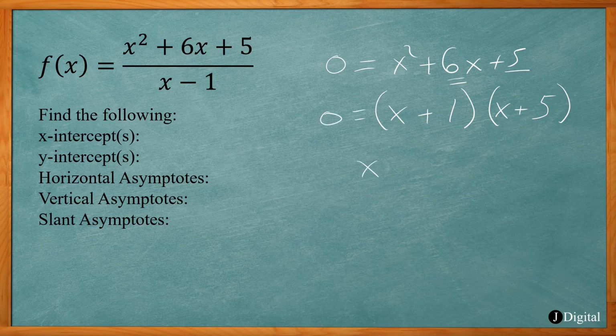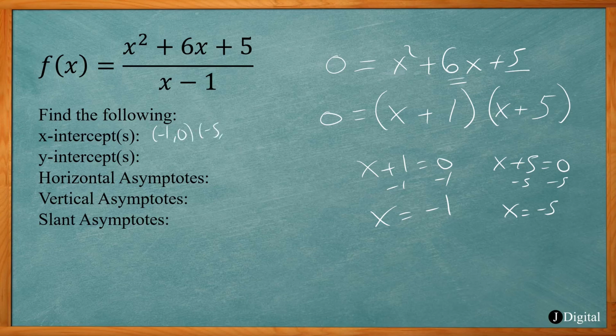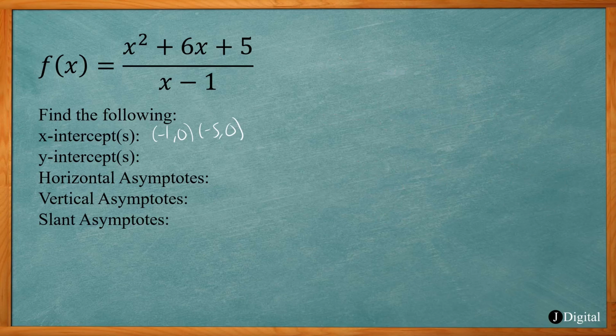Now I set each of those equal to 0. Subtract 1 here. X is negative 1. Subtract 5 from both sides here, so x is negative 5. So I have x-intercepts at negative 1, 0, and negative 5, 0. Now for the y-intercepts, that's when x is equal to 0.